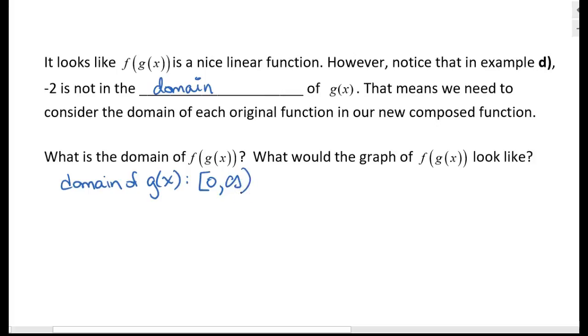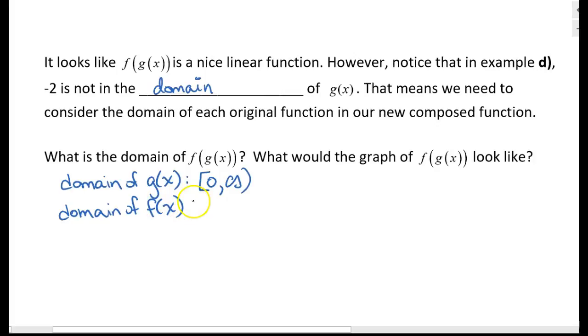So we need to find the output of g starting at the lowest. The square root of 0 is 0. So that tells me that the domain of f of g, first of all, I only need to look at the domain of f of x.